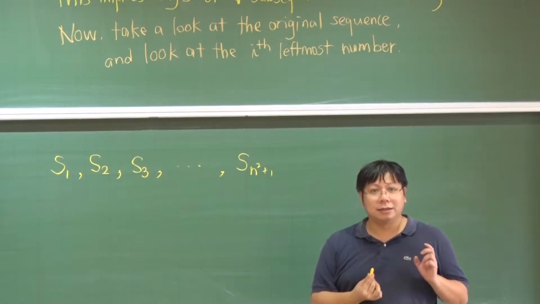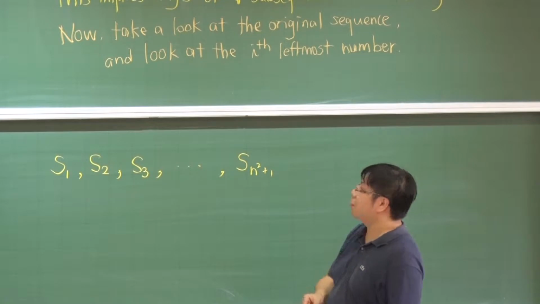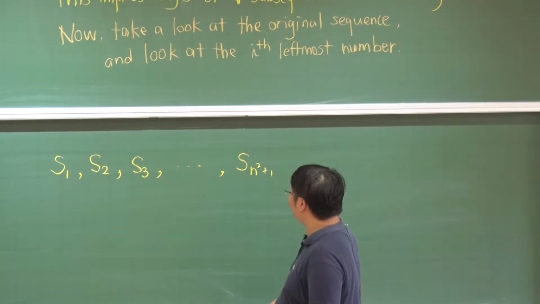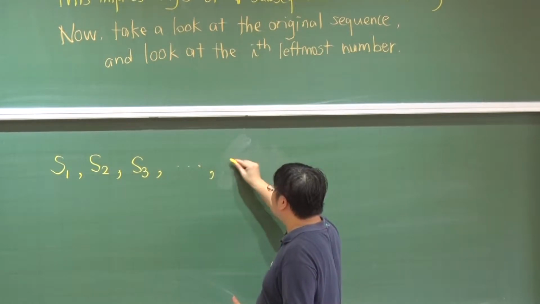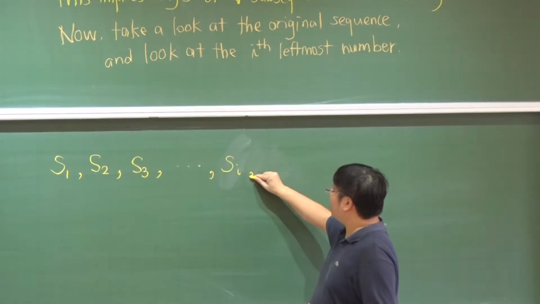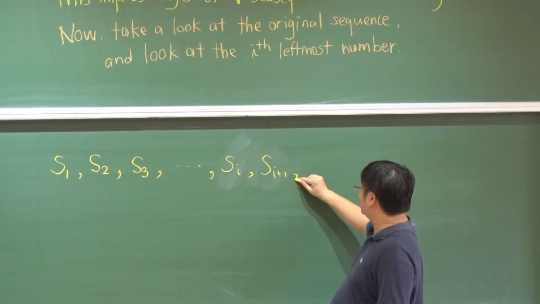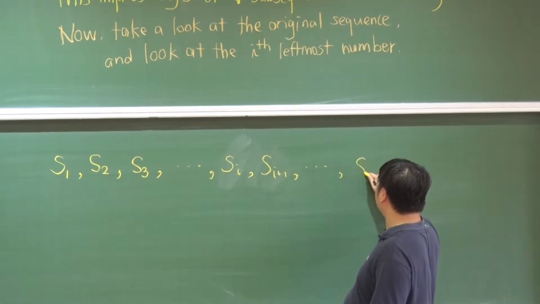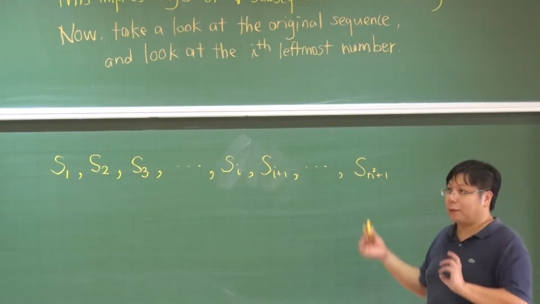We are looking at the ith leftmost number, which is this number Si. After Si comes Si plus 1, and so on, and in the end this is S of n squared plus 1.